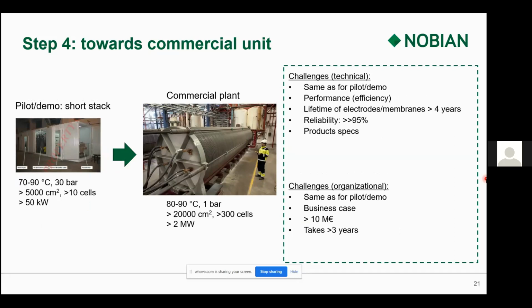The plant has to operate; it cannot be on and off all the time, and it has to produce the hydrogen at the right specs. So it adds a lot of new constraints. It takes at least 3 years to build, so there are many new challenges in bringing it to the commercial scale.